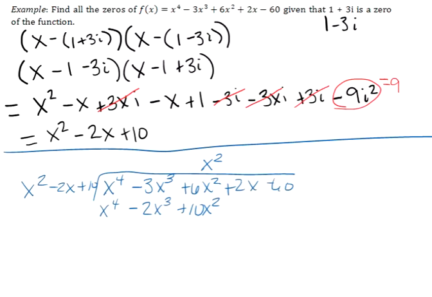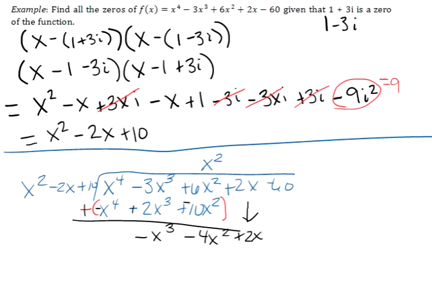We need to go through and subtract off this entire thing, which means that we can change the signs on all of these, giving us negative x to the fourth, plus 2x to the third, and minus 10x squared. The x to the fourths cancel. This ends up leaving us with negative x to the third, and then minus 4x squared. Then we can bring down.